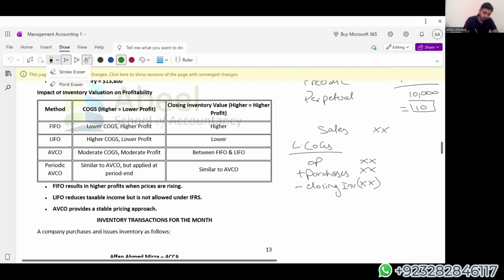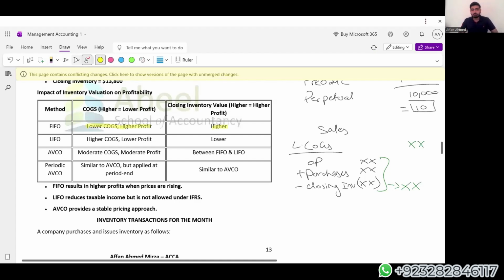So if our cost of goods sold reduces, that means we are having a higher profit. If we are having a higher profit, we can easily say that FIFO is good for profitability. So here you have written: lower cost of goods sold, higher profit, and closing inventory value will be higher.